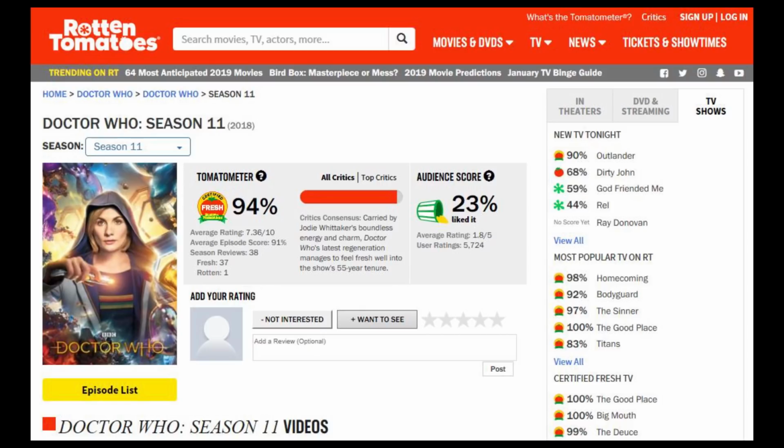The audience scores don't account for uninvested persons. People who realize that the audience score is bogus are not likely to vote, right? If you realize that, hey, it means nothing, you're not going to put your vote in because you're not invested in it. What that means is the audience score reflects the opinions of those who believe that the audience score means something.